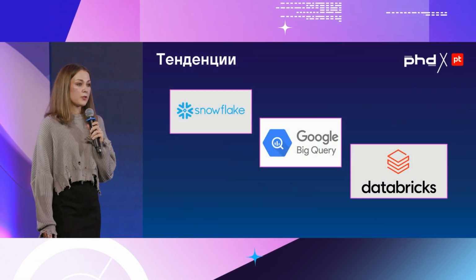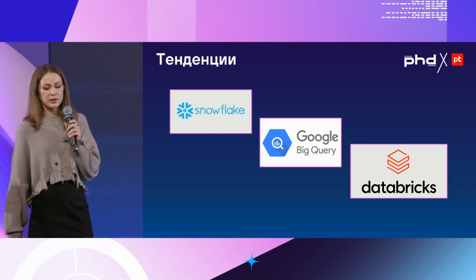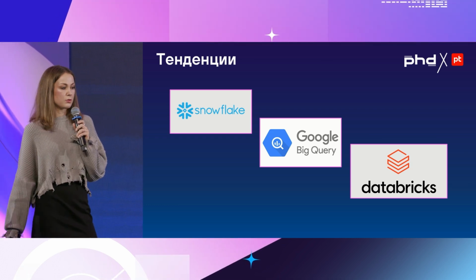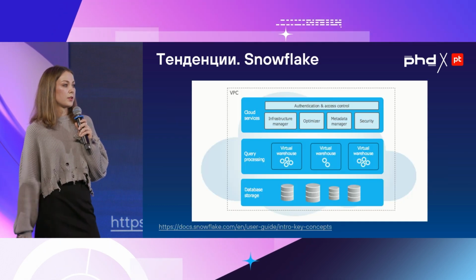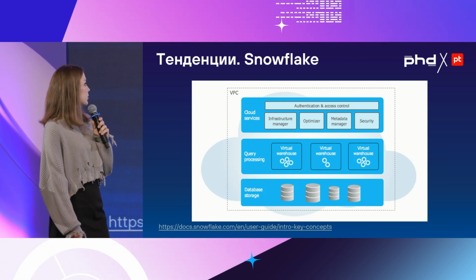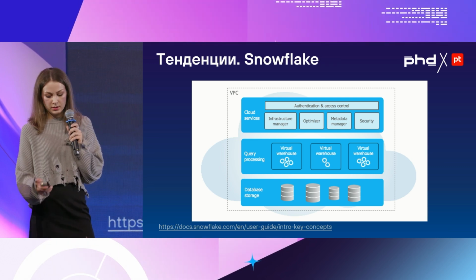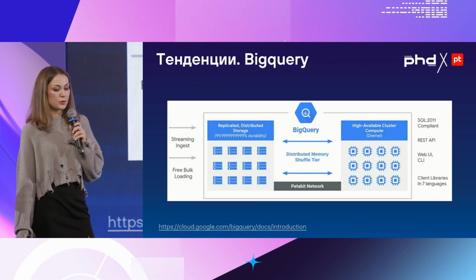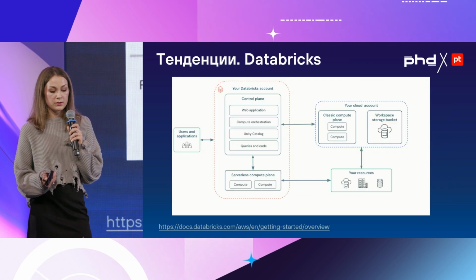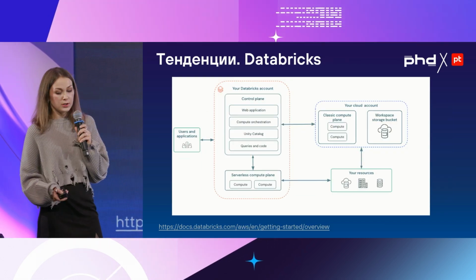Now, moving on to the alternatives, what could you try to explore and use? Let's see what is available globally. There is Snowflake, Google BigQuery, Databricks, StarRocks, a lot of things. But what do they have in common? If you look at the architecture, we're looking at Snowflake. It has query processing and data storage separately, same for BigQuery, and similar for Databricks.